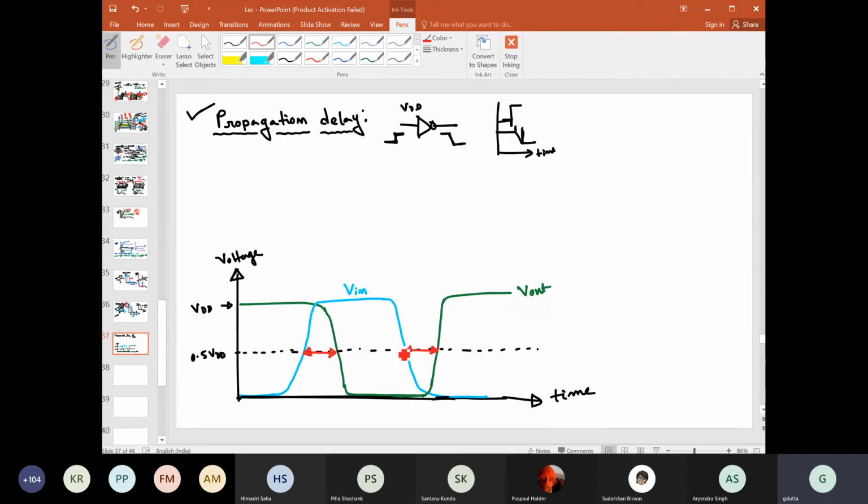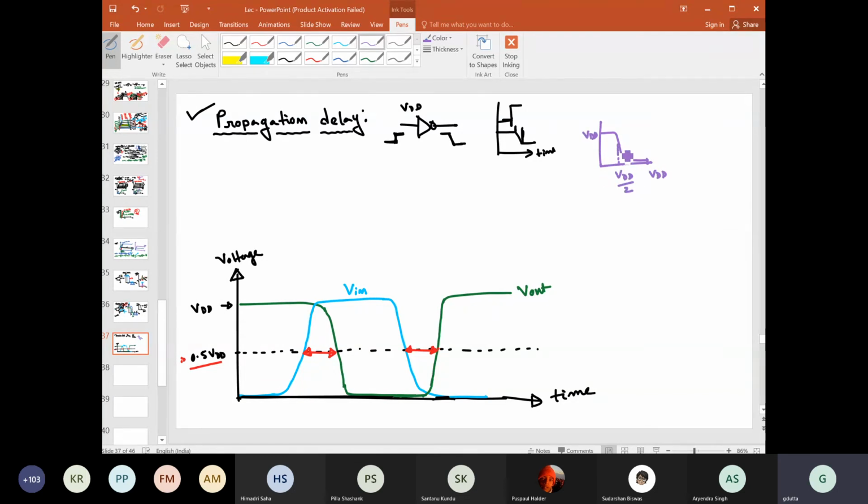Now in this context, why are we picking 0.5 VDD? That is because, try to recall, in the CMOS inverter VTC, we said that if this is VDD, then the logic threshold we have always tried to make VDD by 2.